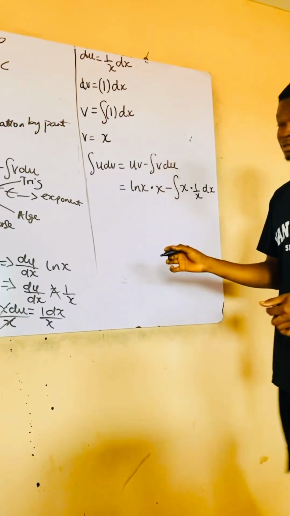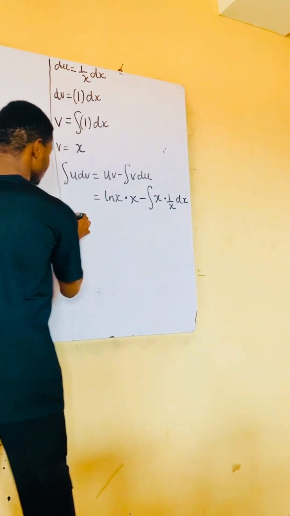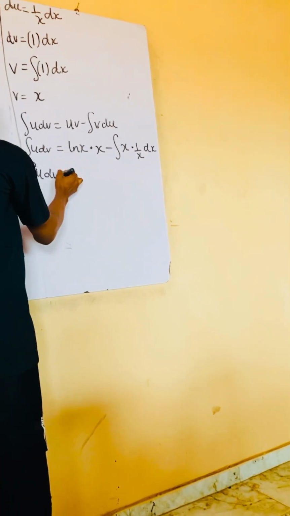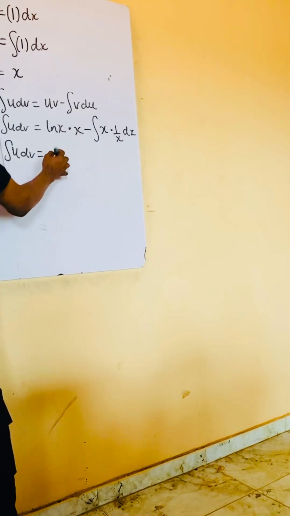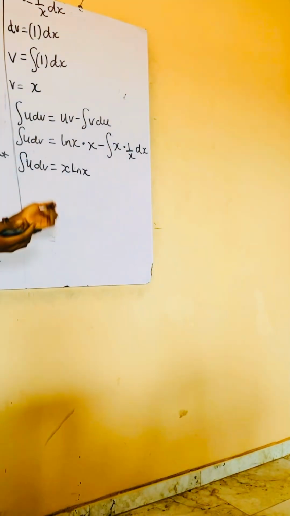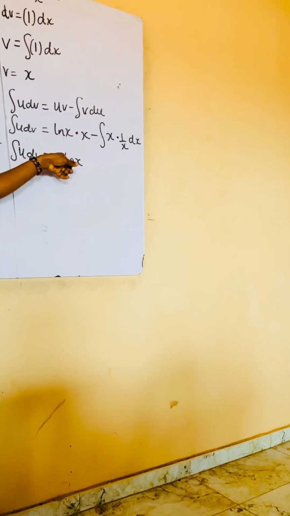Now we are going to have that the integral of u dv is equal to ln of x times x, which is x ln of x.